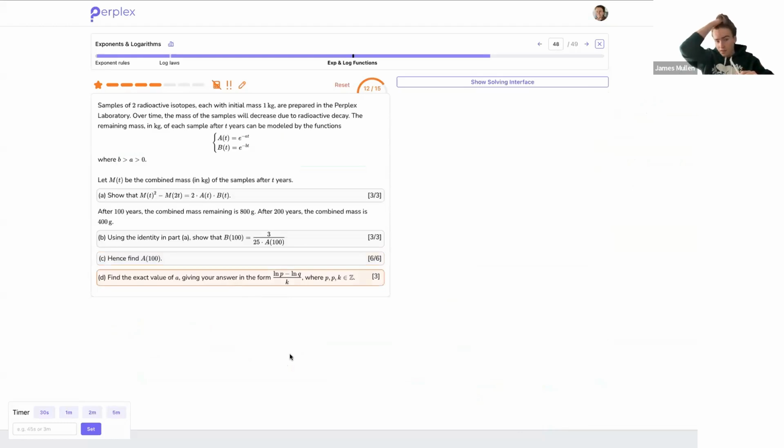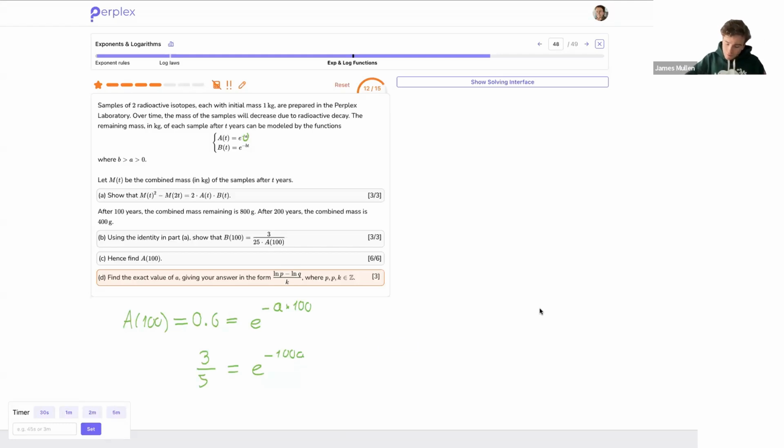And now part D, we want to find the exact value of A. A is the little coefficient up there in e to the power of negative AT. I know that A of 100, which we just found was 0.6, is the same thing as e to the power of negative A times 100. So I'm going to write 0.6, which is 3 over 5, is equal to e to the power of negative 100A. Now I'm going to take the natural log of both sides.